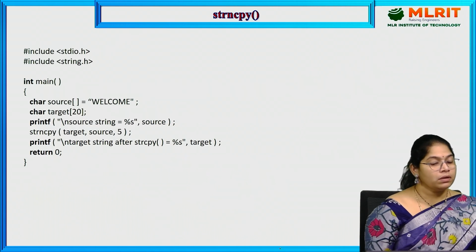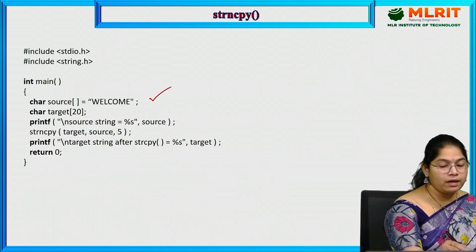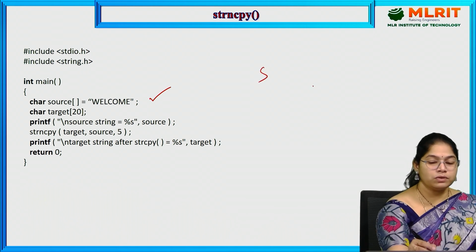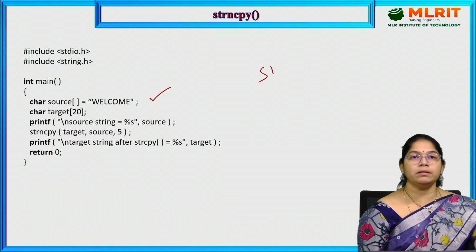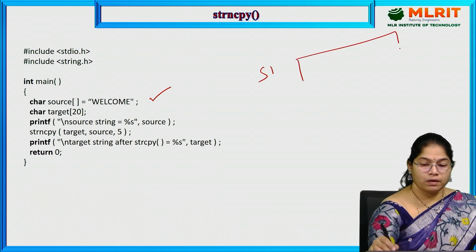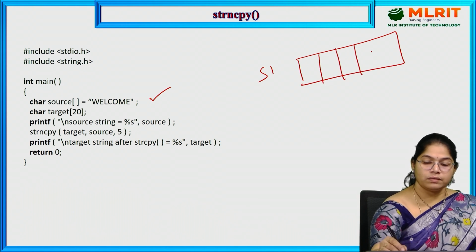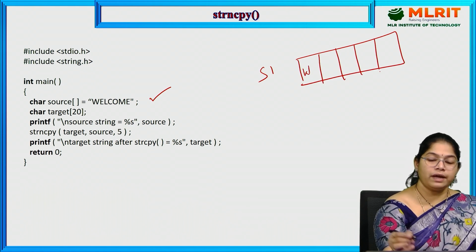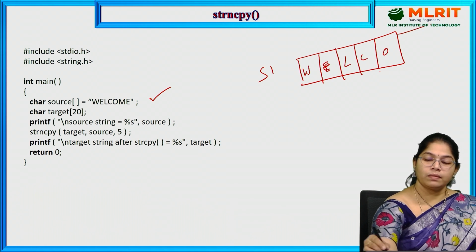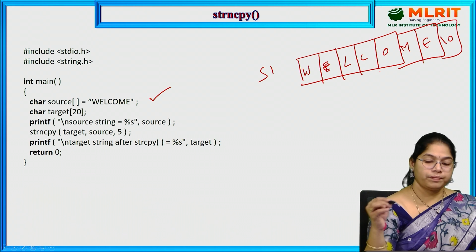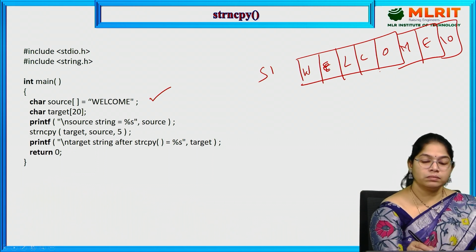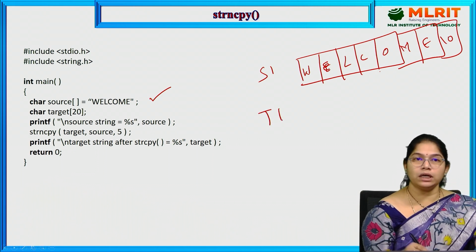Now, here I have a source string as welcome. Instead of source, here I am considering the string name as s1. String is a character array. Now I want to copy this to the target string.